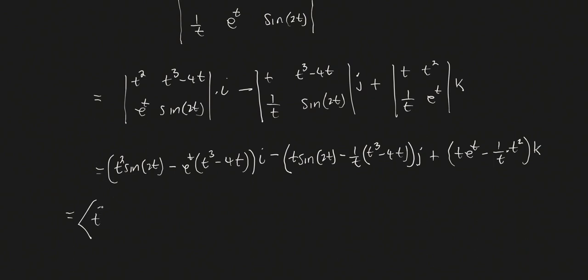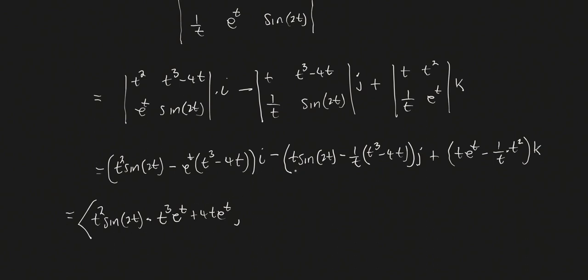So I have t squared sine of 2t. If, let's say, we do distribute the e, right? So we'll have minus, I'll write the t cubed e to the t, and then plus 4t e to the t. So that's all the first component of the cross product.